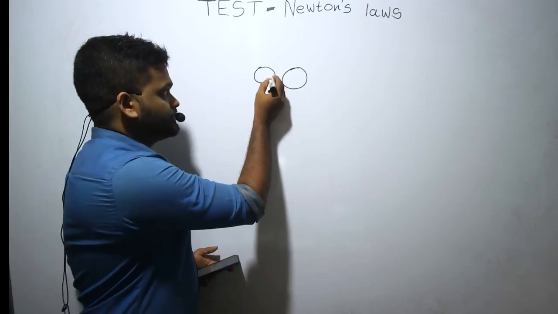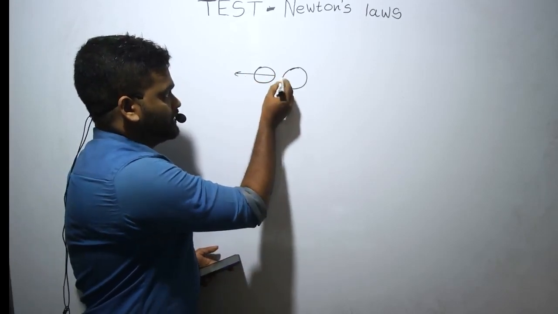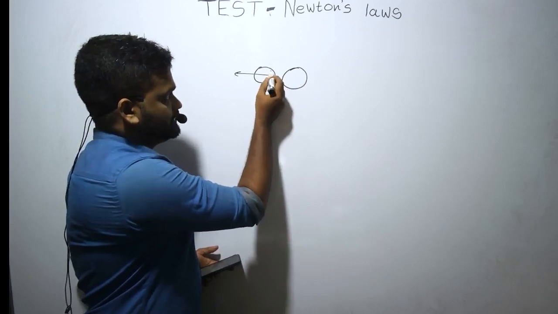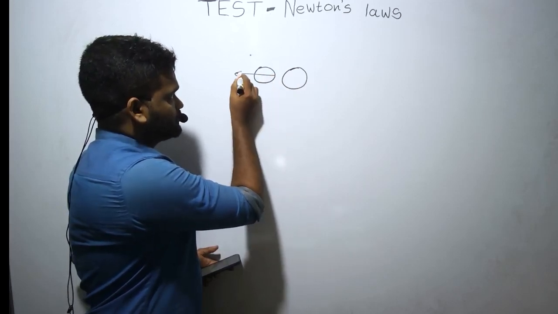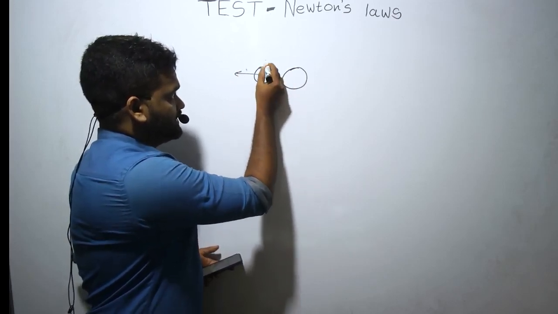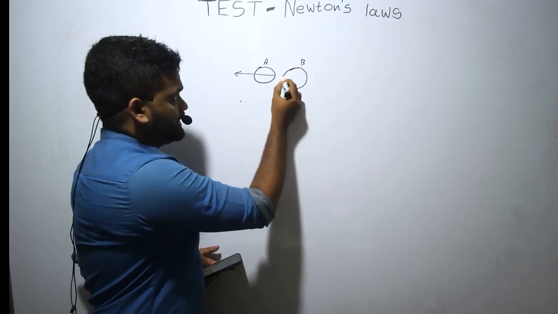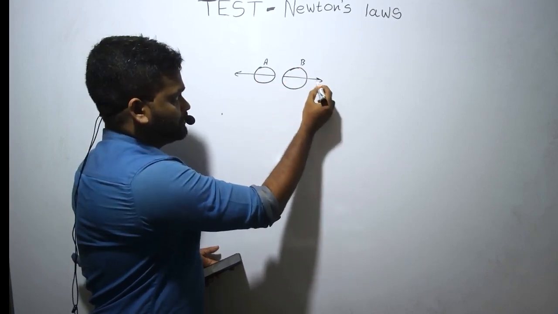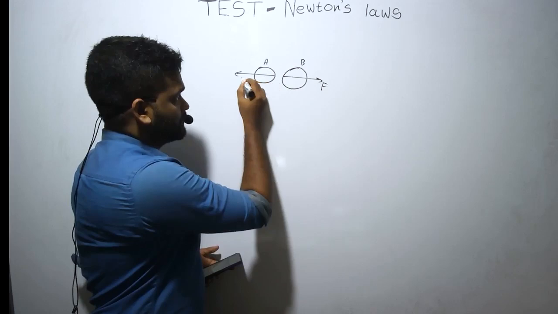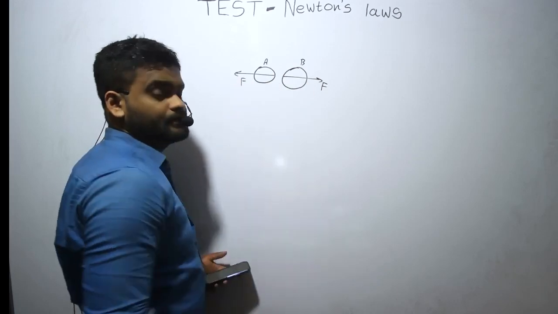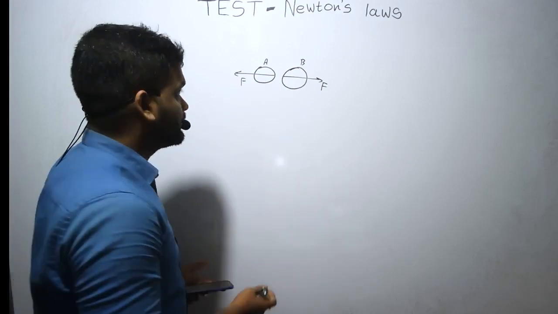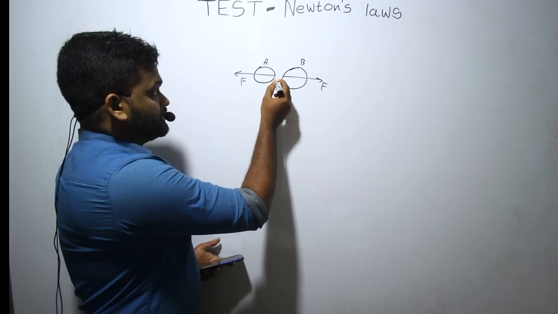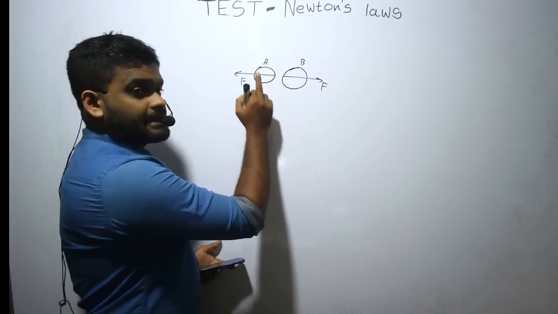Let's say this object, A, and this object, B. When they collide, this object causes a force on B, and then B causes a force on A. These are action and reaction forces, equal and opposite. But the forces are not acting on the same object.